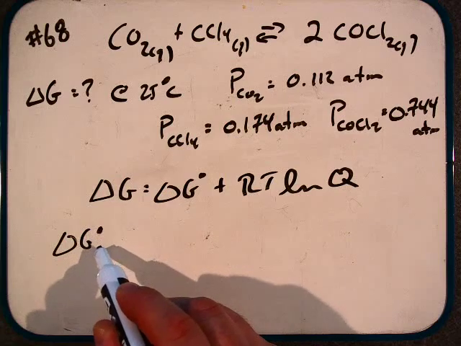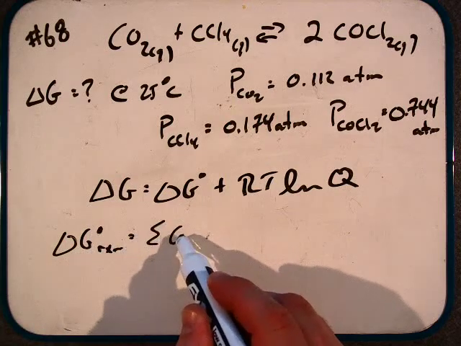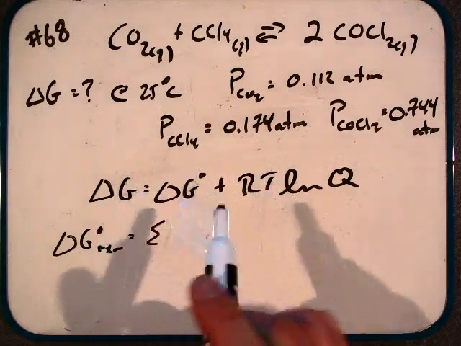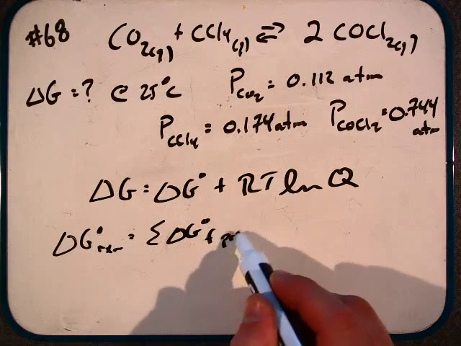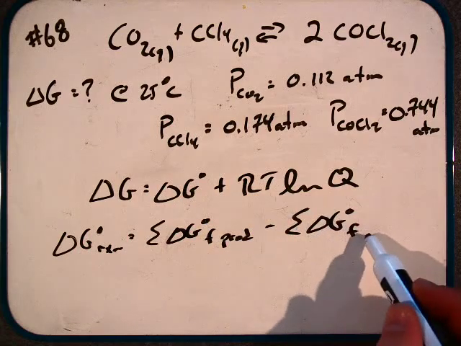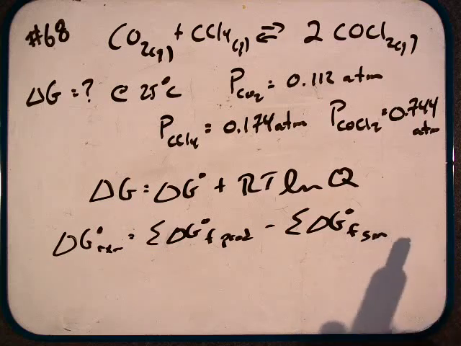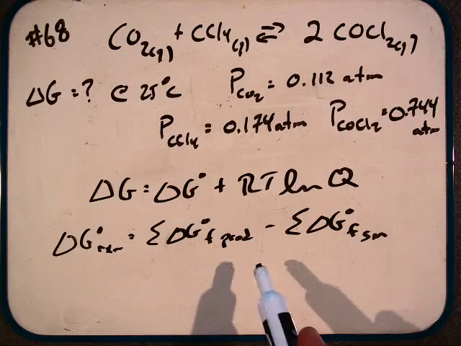And so remember, our delta G for a reaction is going to be just the sum of those delta G's of formation for our products minus the sum of those delta G of formations for our starting material. And so we need to go to the tables to look up these values.